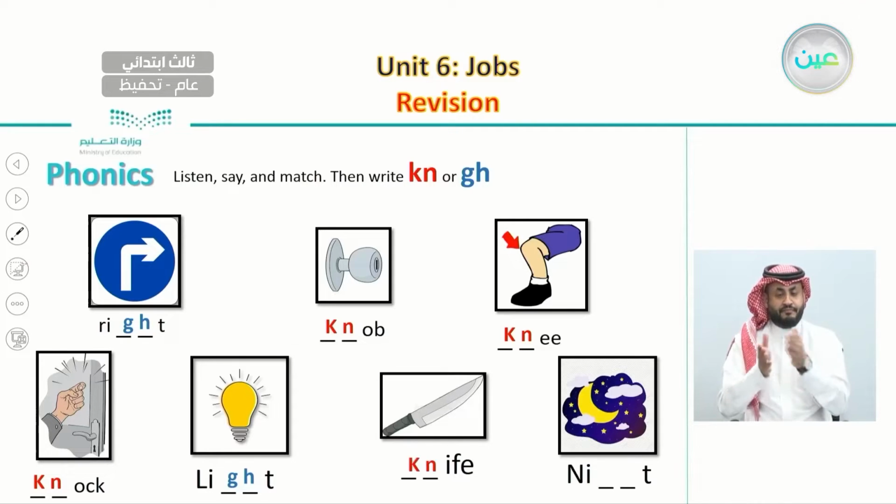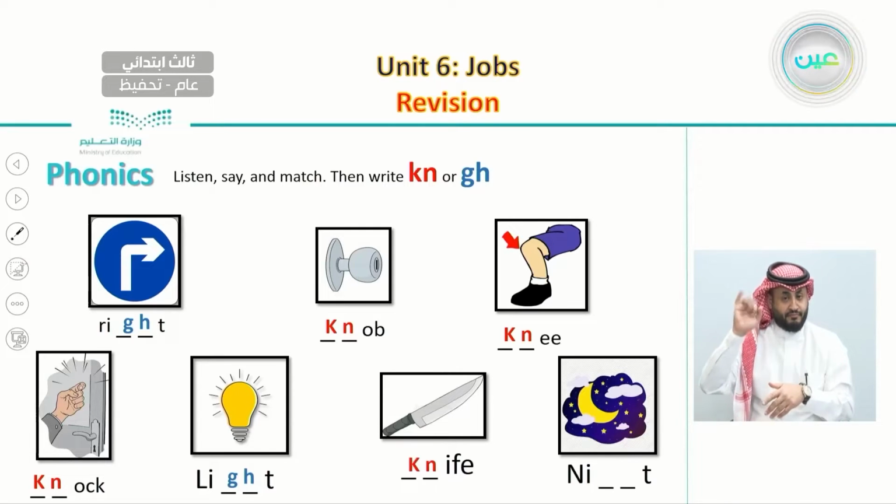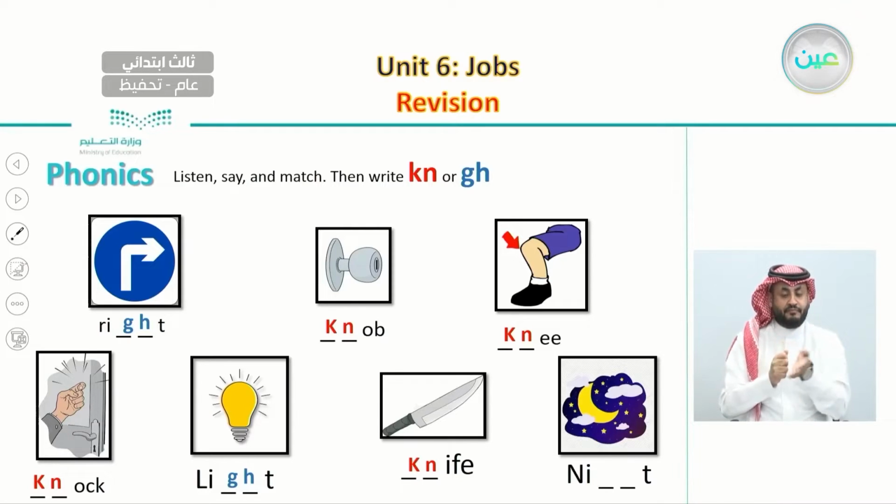And here we have knife. Here the K is silent and we pronounce it as knife. And finally the last word we learned last time, which is night. The G and H we write here, yes, but they are silent. We don't say them, we only write them.